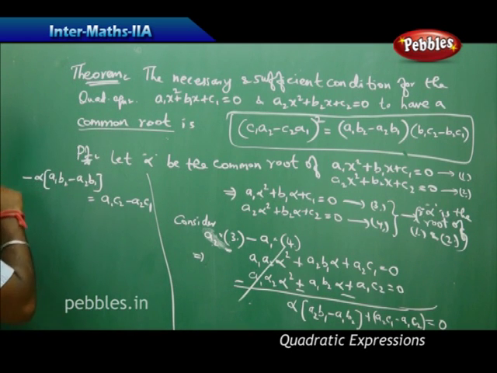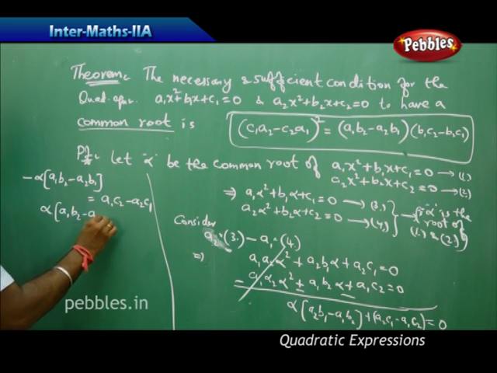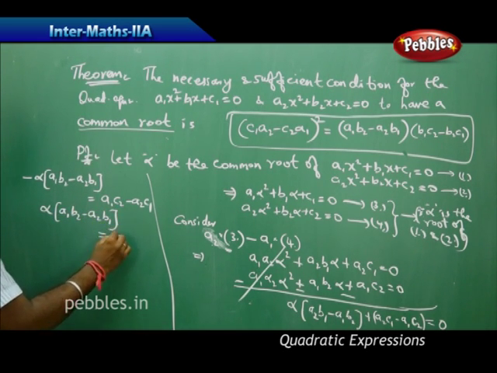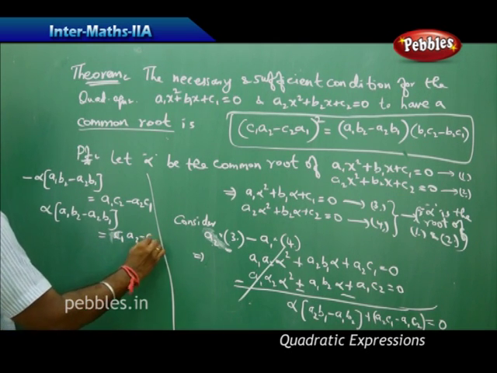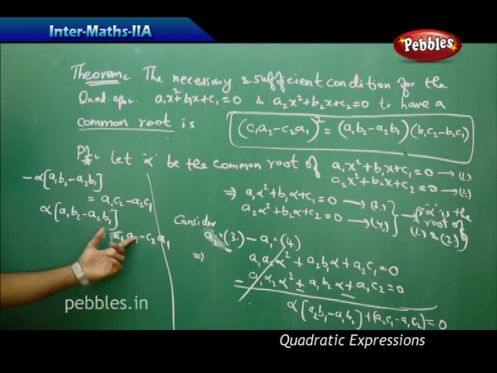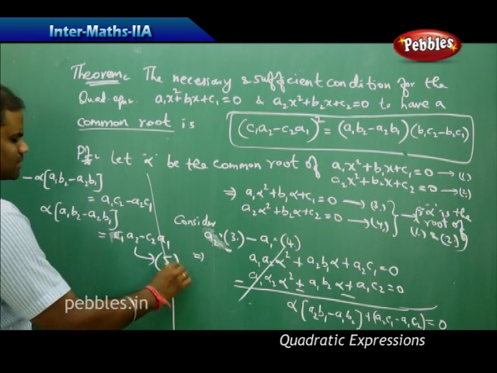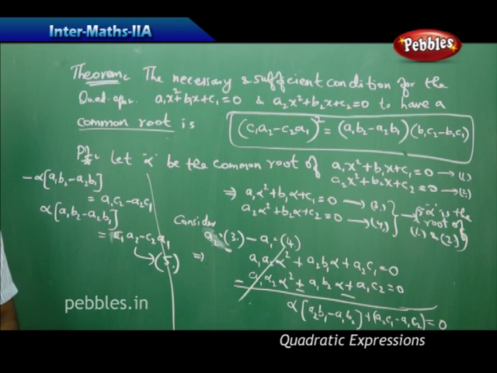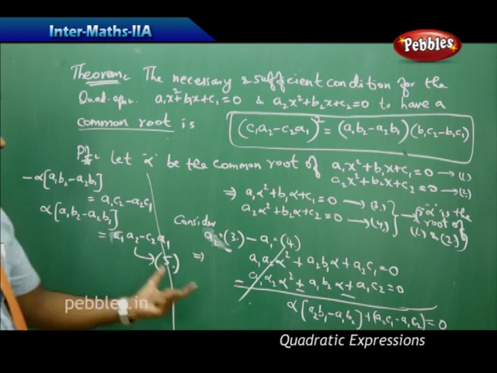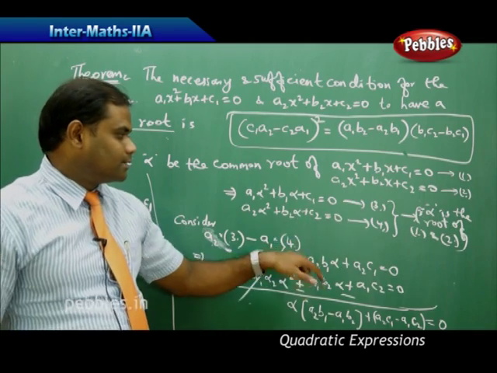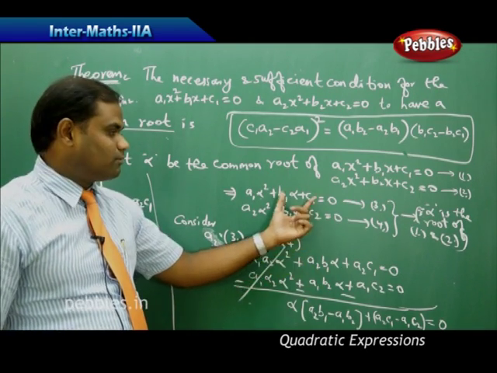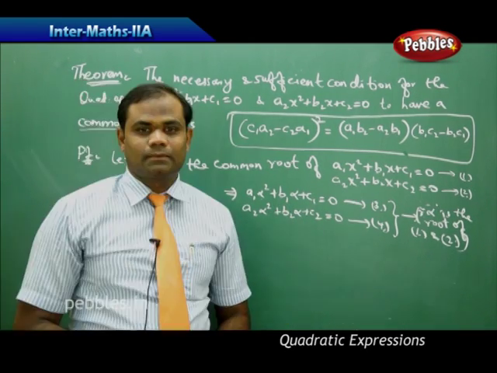Therefore, I get alpha times a1 b2 minus a2 b1 equals c1 a2 minus c2 a1 for the given expression. So I take this as equation 5, and then let's see how we can simplify equation 3 and equation 4 in the other way.